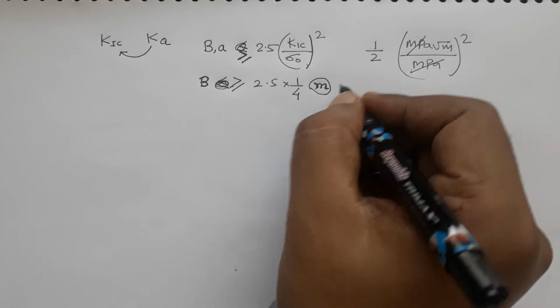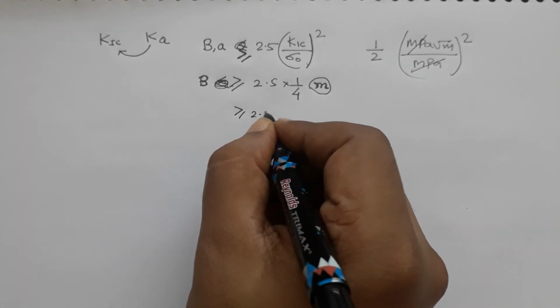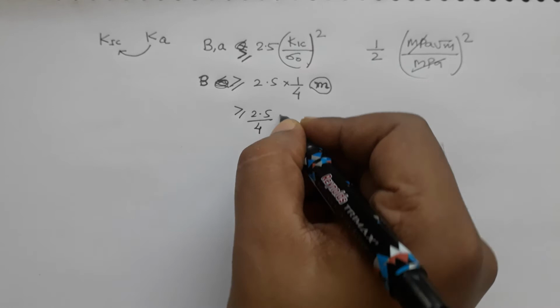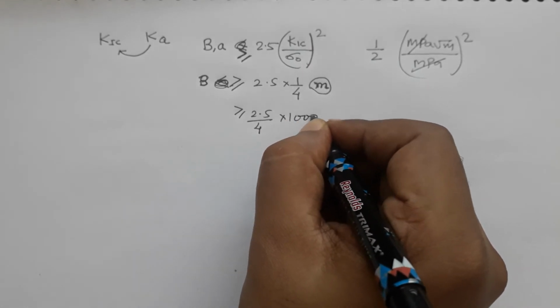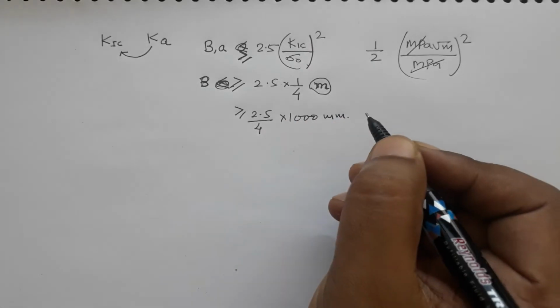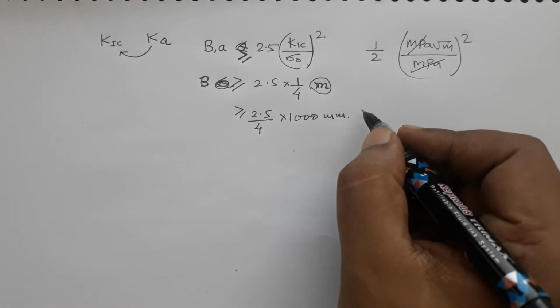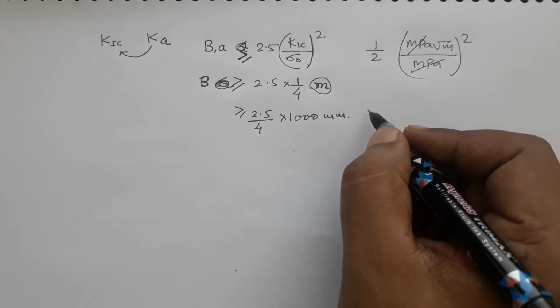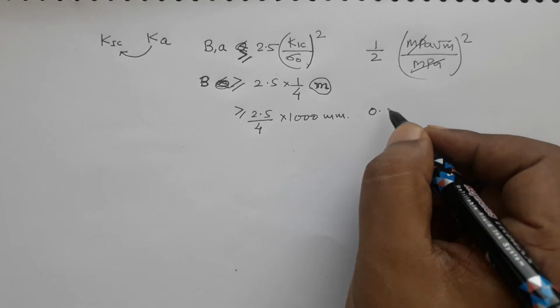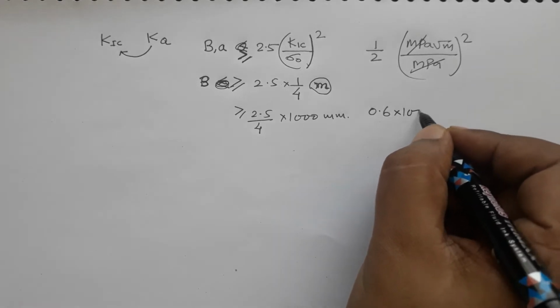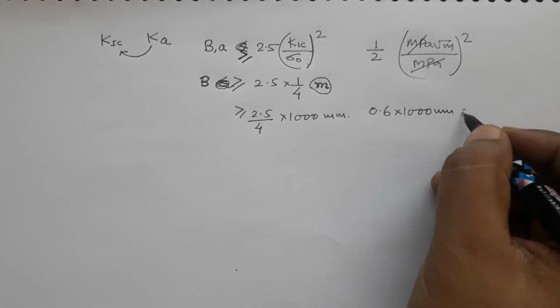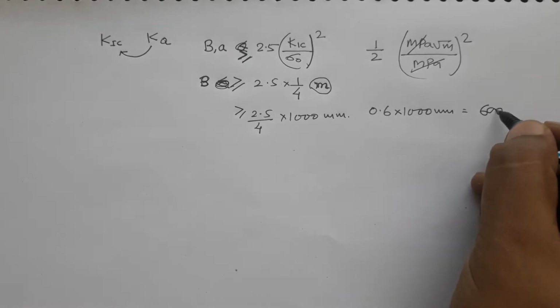You can do it as 2.5 divided by 4 into 1000 millimeter, right. So, that will be how much? That will be approximately 0.6 into 1000 millimeters, which will be approximately 600 millimeters.